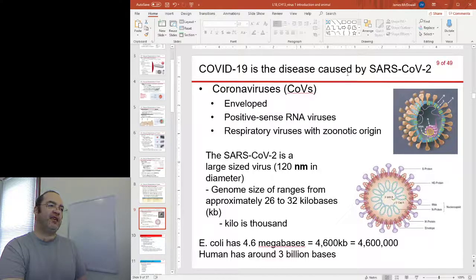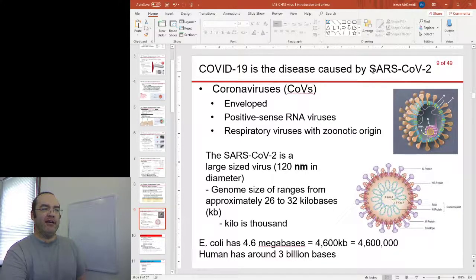Okay, so last for this section, let's look at the virus that is on everybody's mind. COVID-19 is the name of the disease caused by the virus that was labeled SARS-CoV-2.